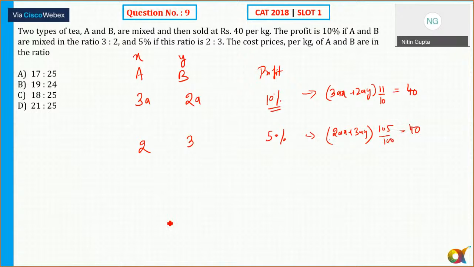So if I solve these two equations, I can find out the ratio of X is to Y. Yes or no?